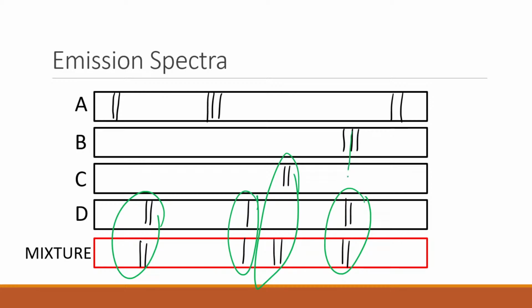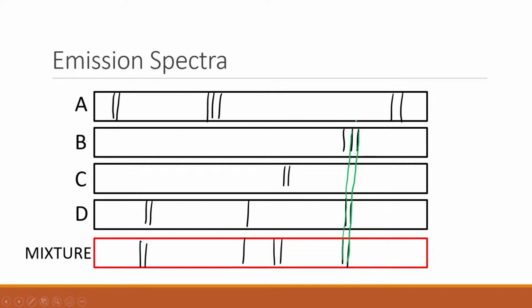This line from B and this line from B matches up with what we're given, but the third line is not present. It's an all or nothing type of identification. If even one of these lines is absent, if even one of these lines is missing, that means that this element is not in our mixture.